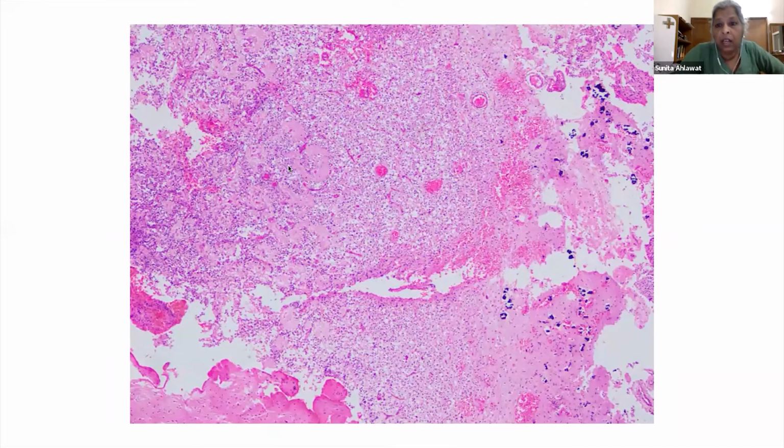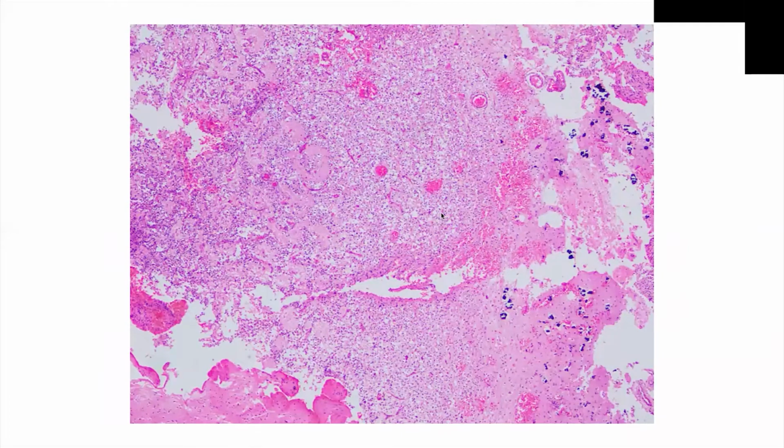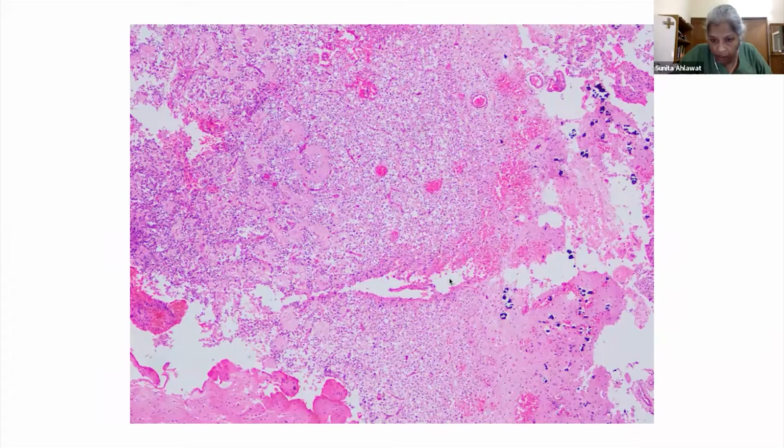Okay. This one is a case which was referred to us from outside, but I don't exactly remember the history. It was an adult whose specimen was sent to the lab saying that this is likely a high-grade glioma.